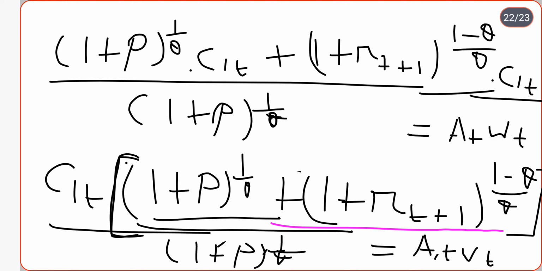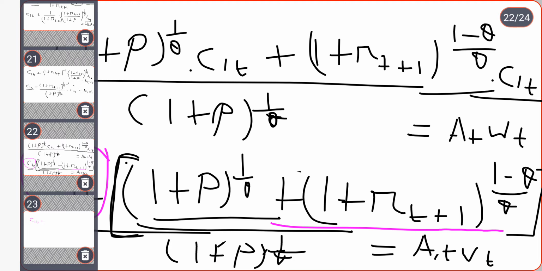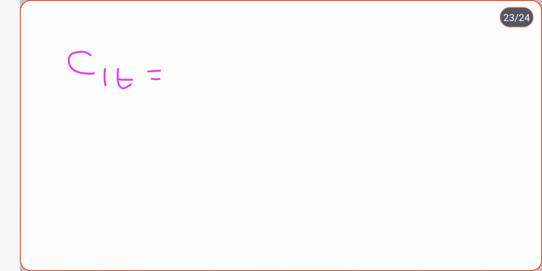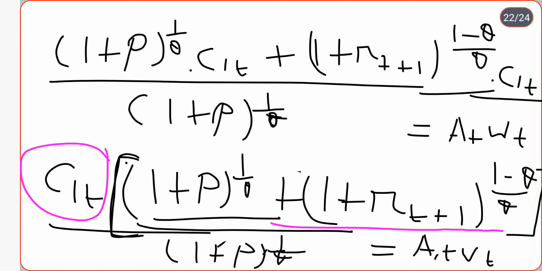then the value of c1t will remain only on the left hand side. So the value of c1t will be equal to, at first I am going to multiply this 1 plus rho to the power 1 by theta with 80 and wt. With 80 wt we are going to multiply 1 plus rho to the power 1 by theta, and obviously on the next portion this part will be divided.